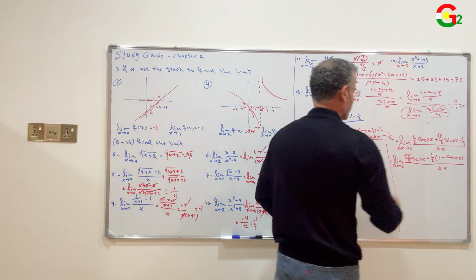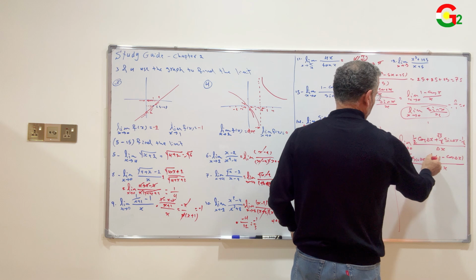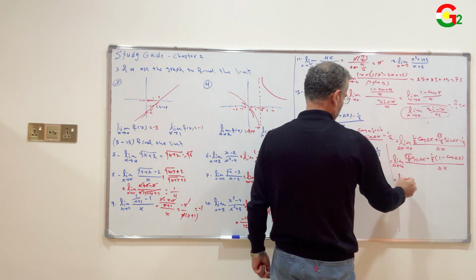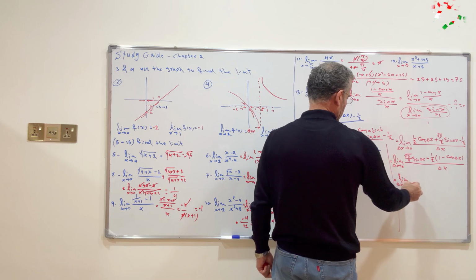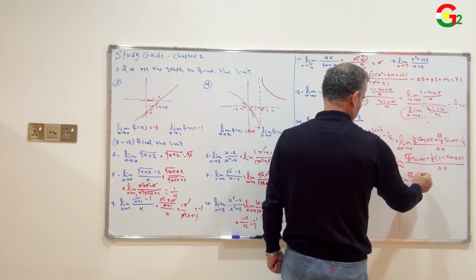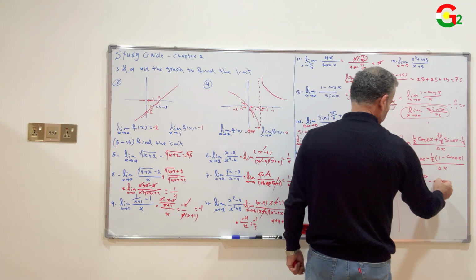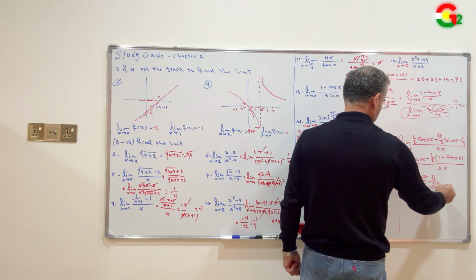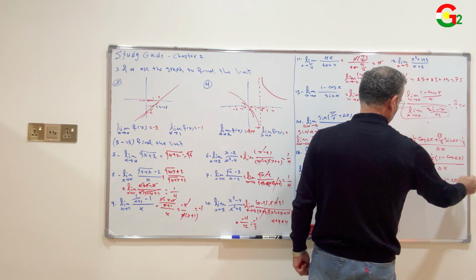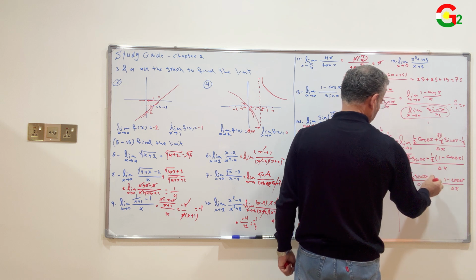Then it equals the limit as delta x approaches 0 of square root 3 over 2 sine delta x over delta x, minus the limit as delta x approaches 0 of (1 minus cosine delta x) over delta x times 1/2.